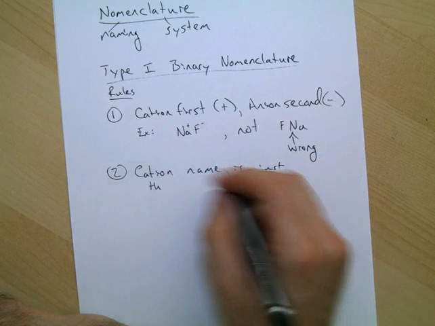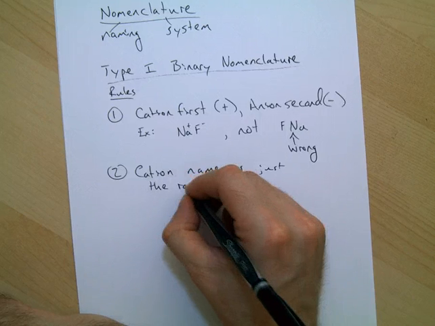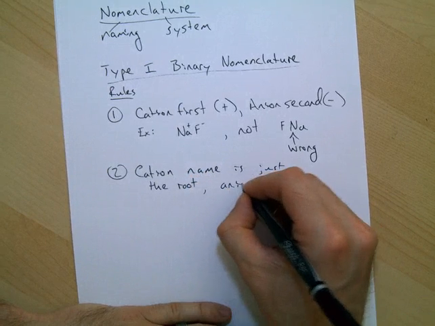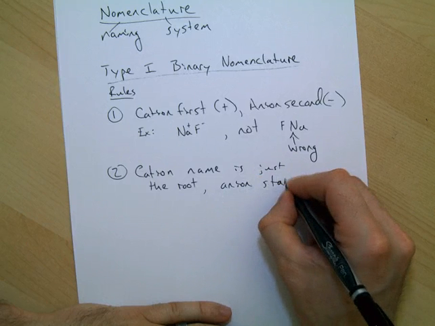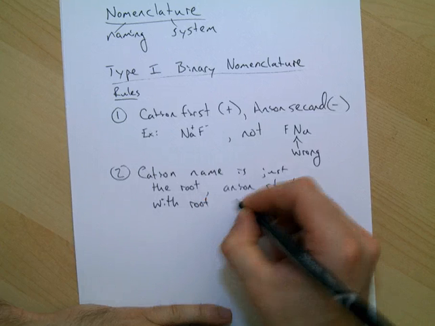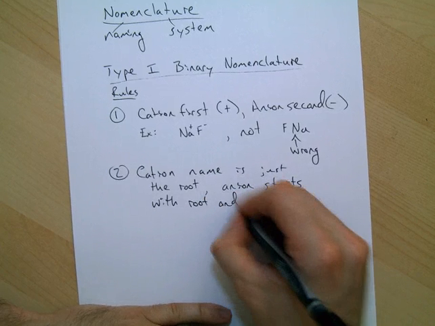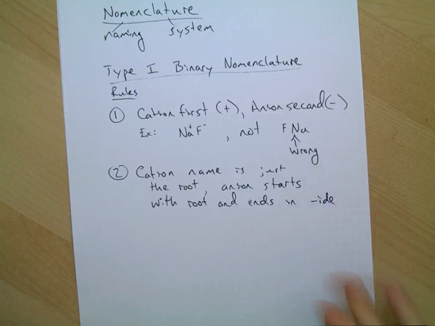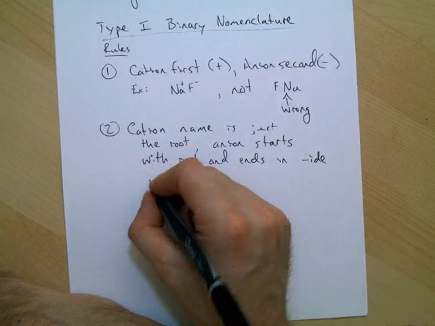So for sodium, the root is sodium. The anion starts with the root and ends in IDE.